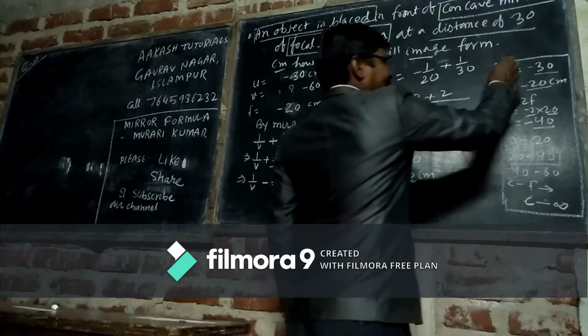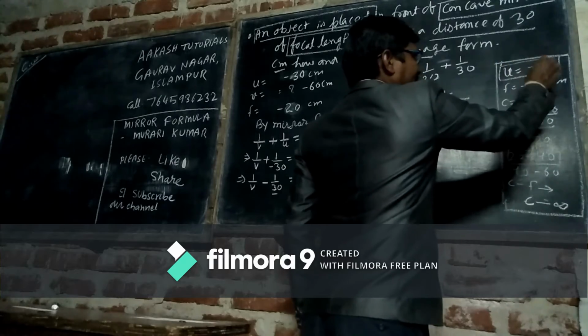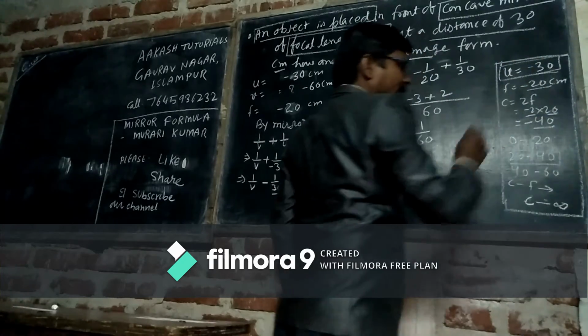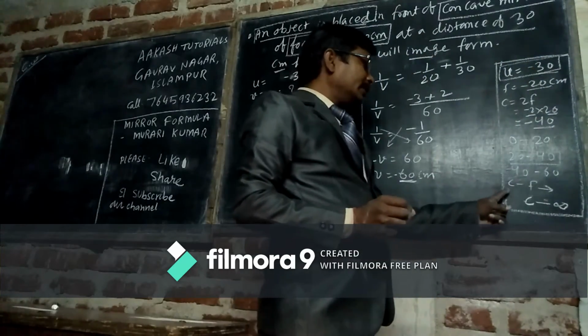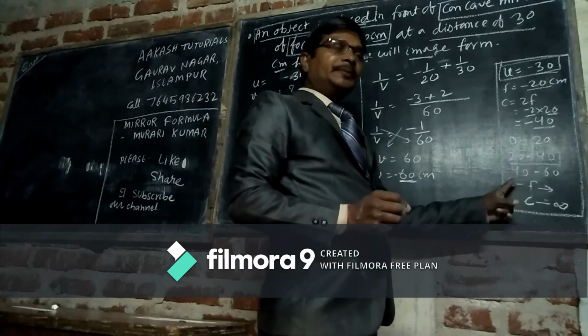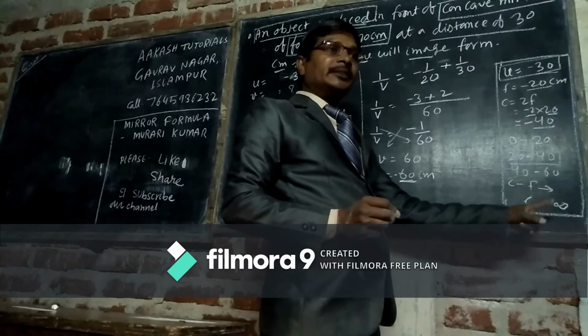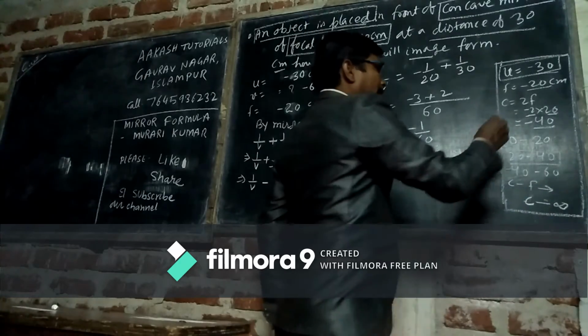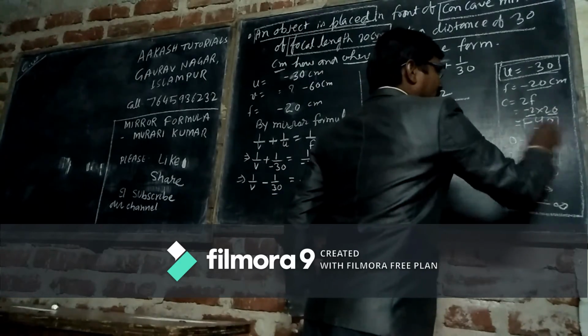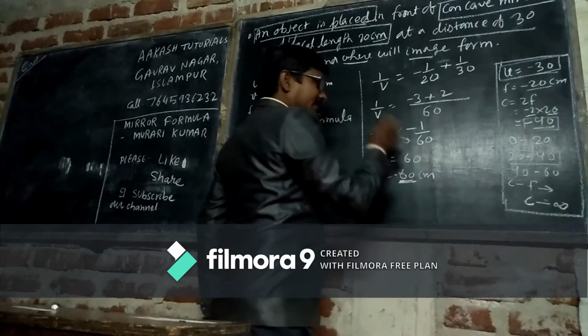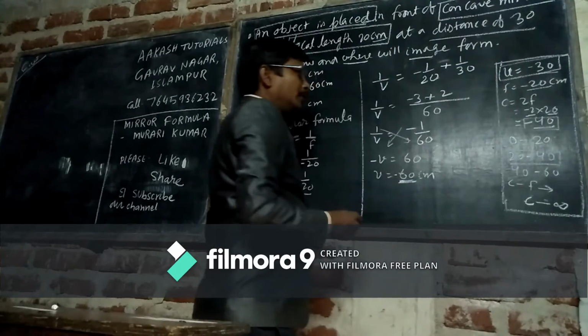The image distance given is 30 centimeter, and 30 is between 20 and 40, that is, the object is between C and F. If the object is between C and F, the image will be between C and infinity. This means our value must be more than 40, and our answer is 60.